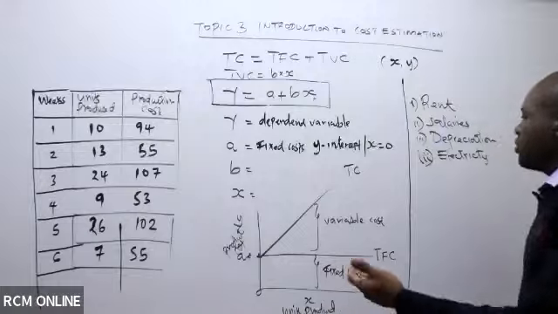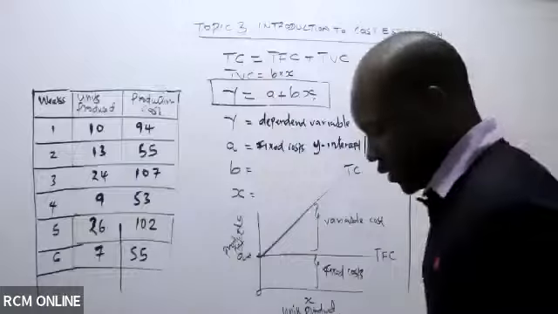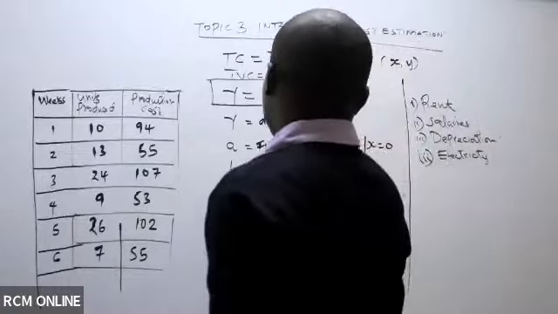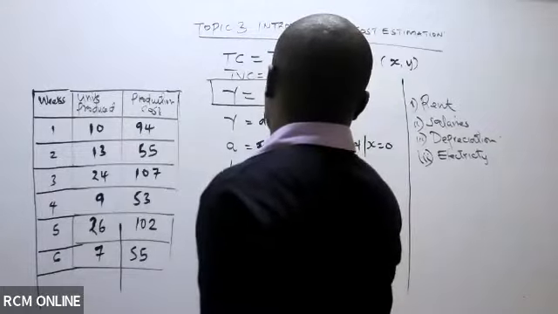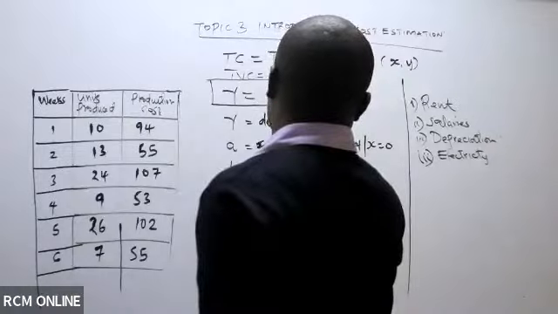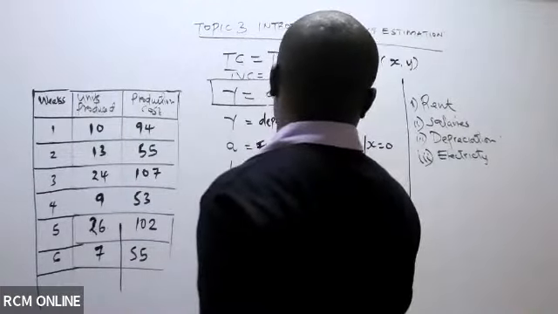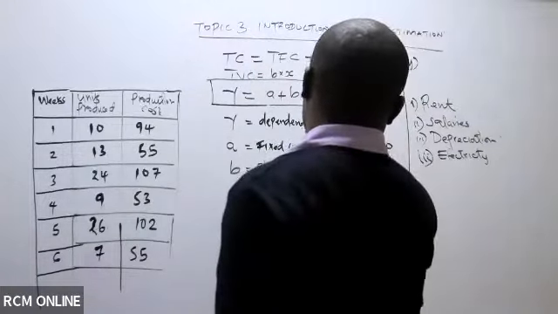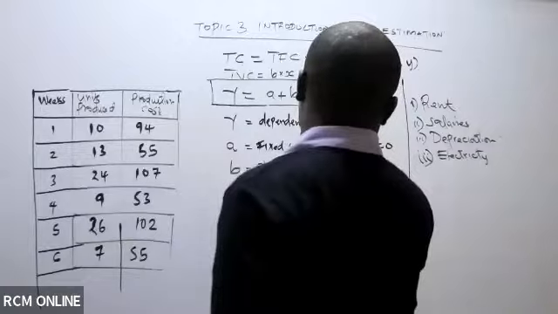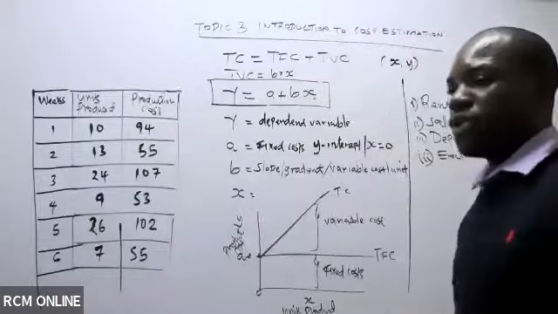Good. Now, how will we be able to get this B? What is this B? B is what we call slope or gradient of the curve. But of course, in costing terms, we are calling this variable cost per unit.